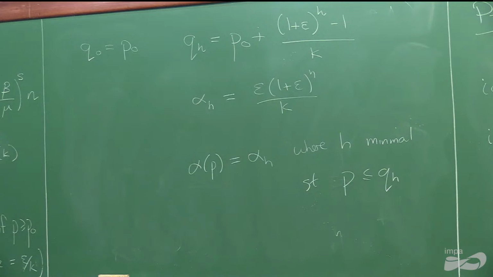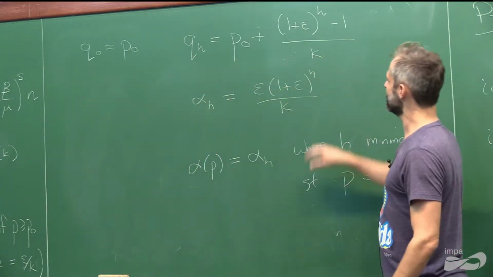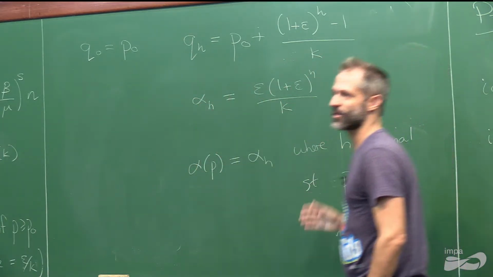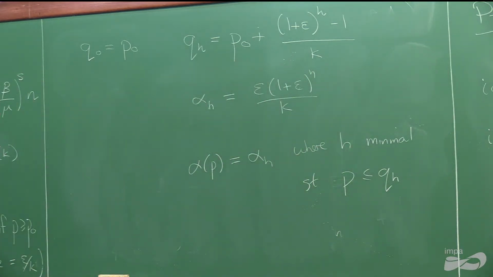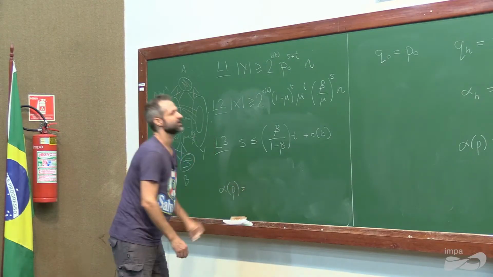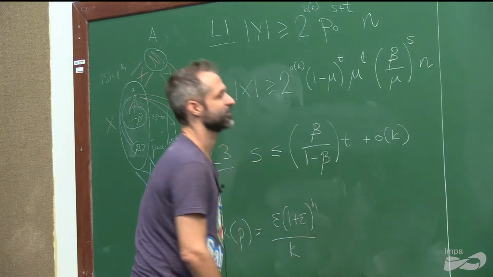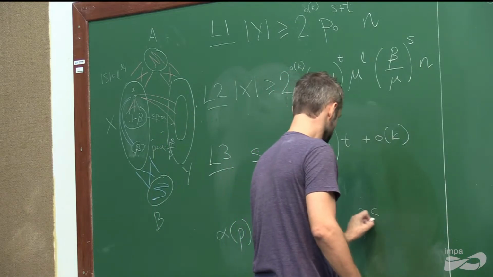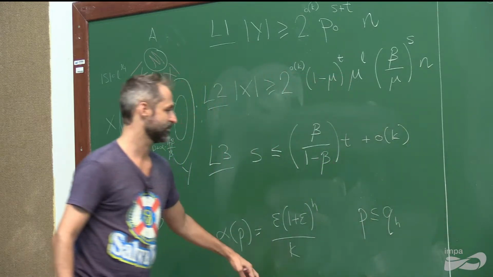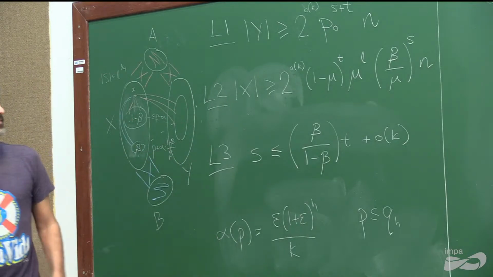That's the height at which your p is. So h of p, if you like, and then just take it to be this guy. So it's the same thing. Maybe I'll put it here instead. So alpha of p equals epsilon (1 plus epsilon)^h over k, where p is at most qh. Okay, h is the current height.